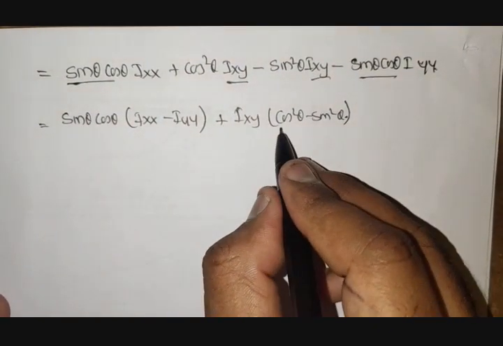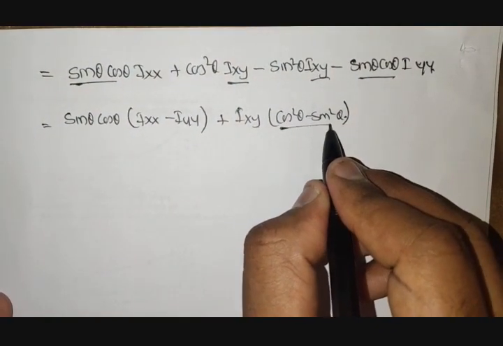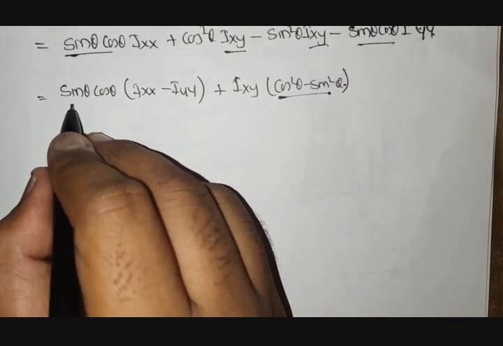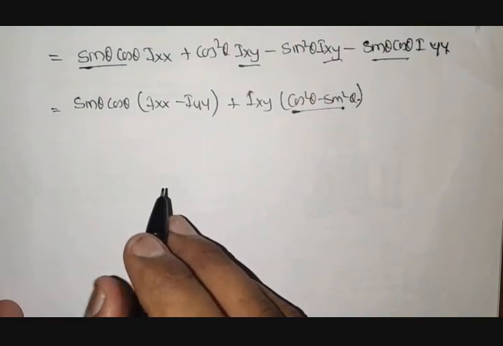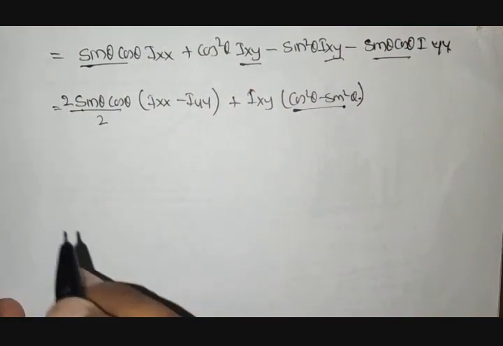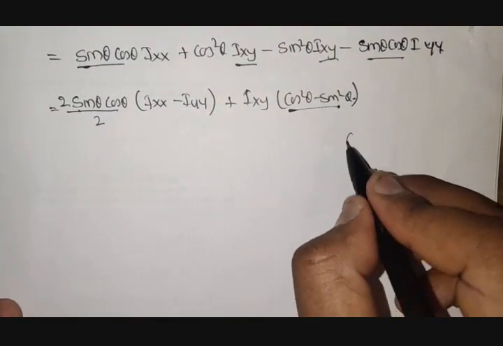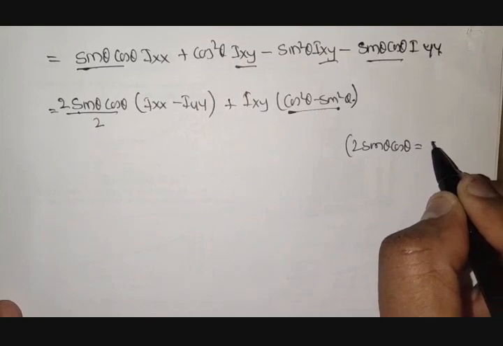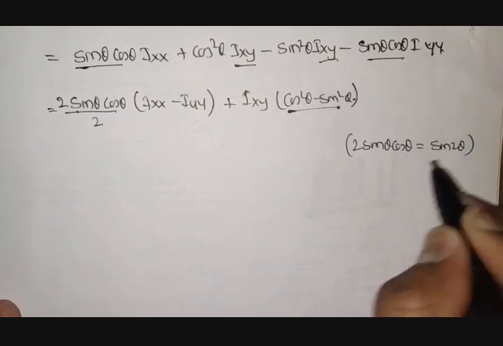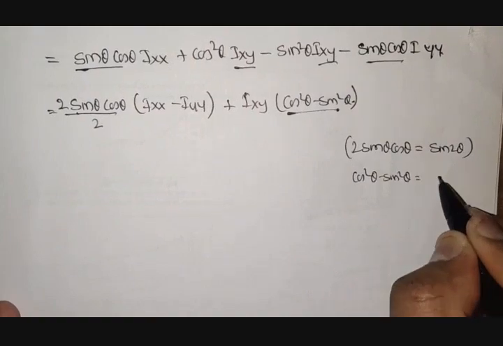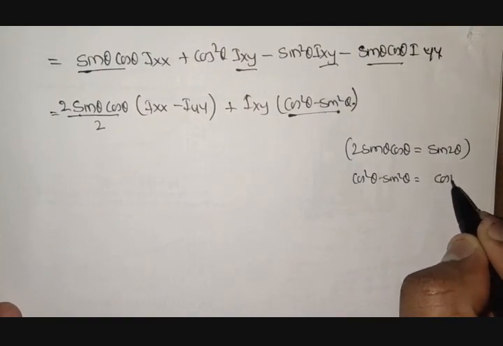So cos square theta minus sin square theta can be written as cos 2 theta. For simplification, I am going to divide this term by 2 and multiply by 2. Then 2 sin theta cos theta can be written as sin 2 theta, and similarly cos square theta minus sin square theta can be written as cos 2 theta.